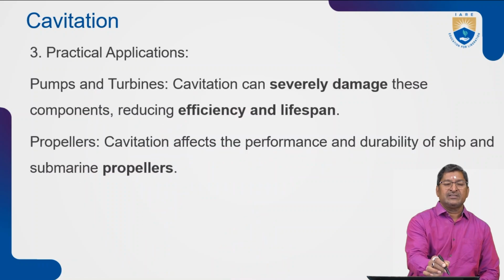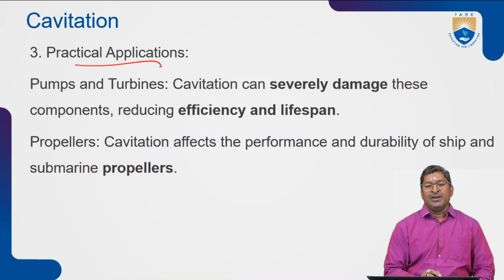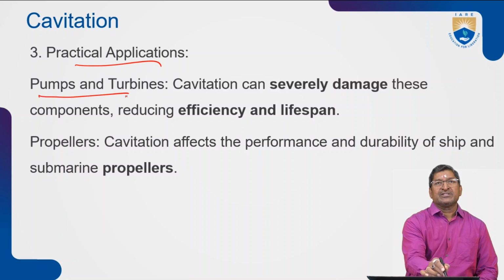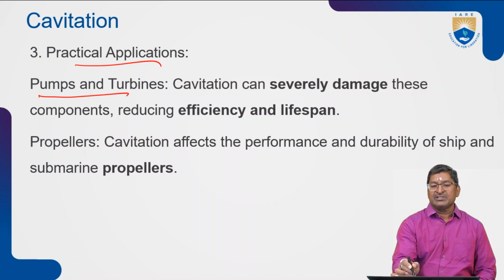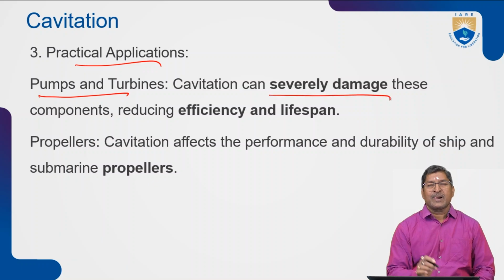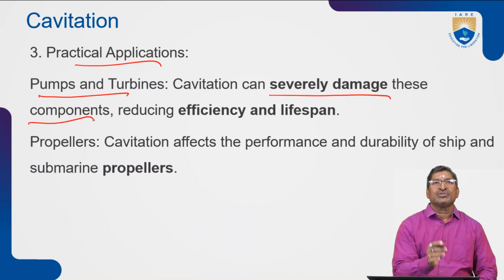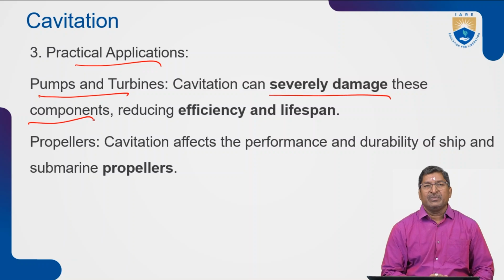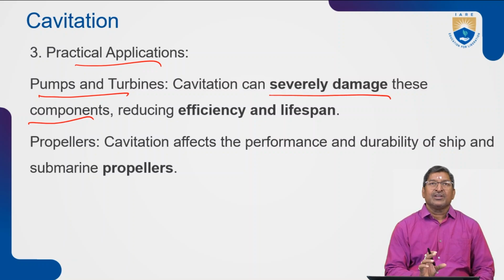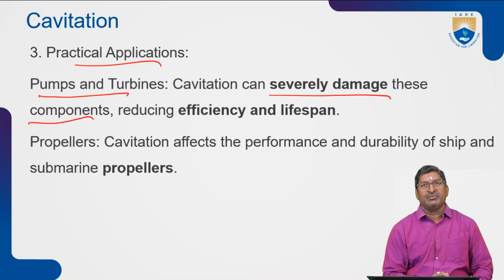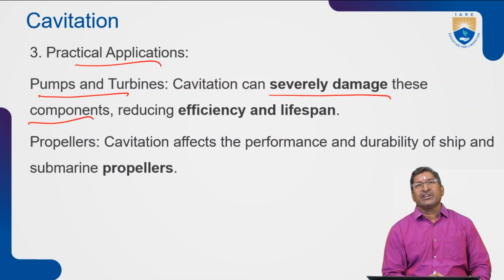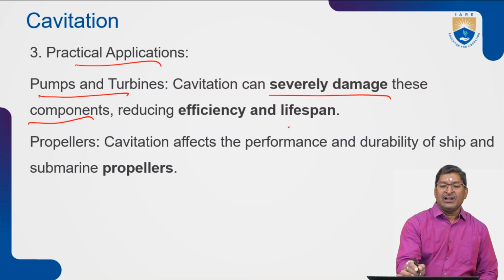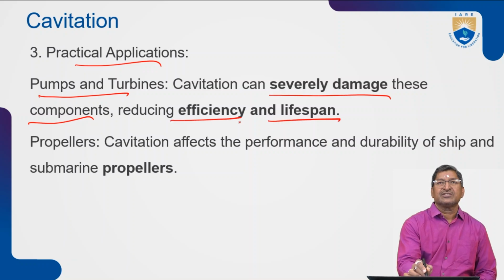Practical applications. Where will we utilize this? Cavitation in pumps and turbines. You can see pumps and turbines in applications. Here the components are severely damaged. Whatever components are in the turbines or pumps will be severely damaged because of cavitation. What will happen if the components are damaged? Automatically lifespan will be reduced and efficiency is reduced.